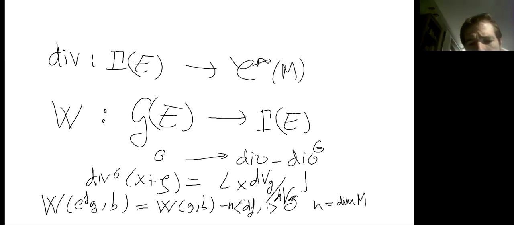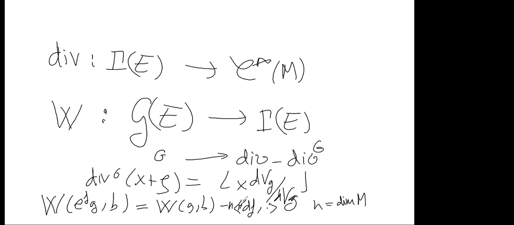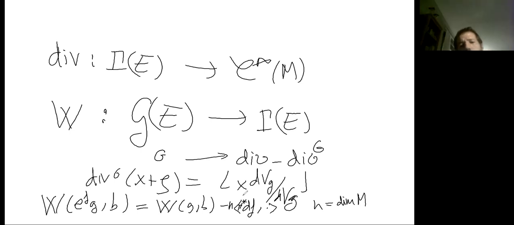Yeah, this is pi star of df. Thanks. This is minus n pi star of df. And here I'm identifying E with E dual. So really the difference of two divergences is an element in E dual, and I'm identifying that. So in this sense, this is key to conformal geometry, because it's doing the same thing as a Weyl structure does on a manifold.